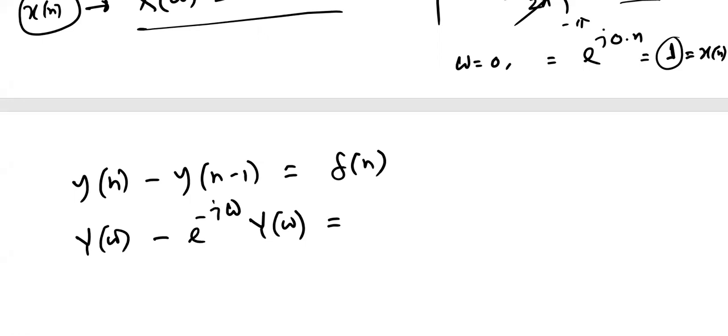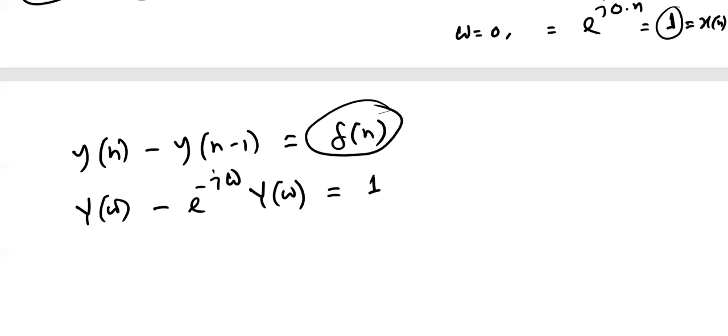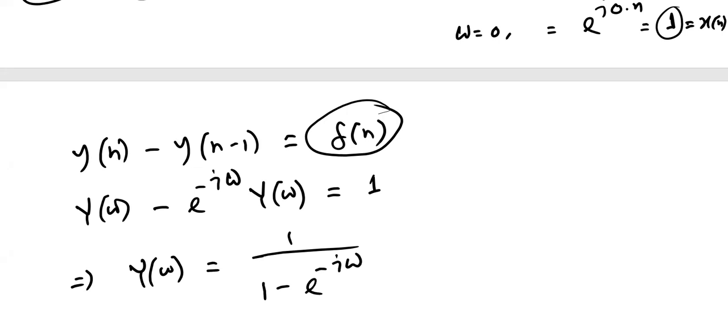And what is the Fourier transform of the delta function? We found that is 1 in the last class as well. Now from there, we can write quickly that Y(omega) is equal to 1 divided by 1 minus e to the power minus j omega.